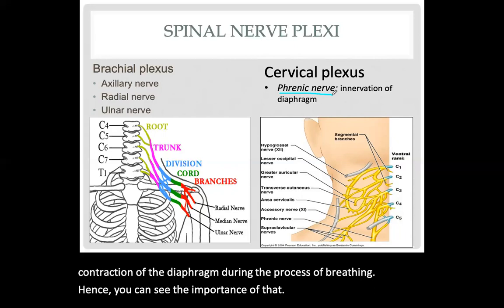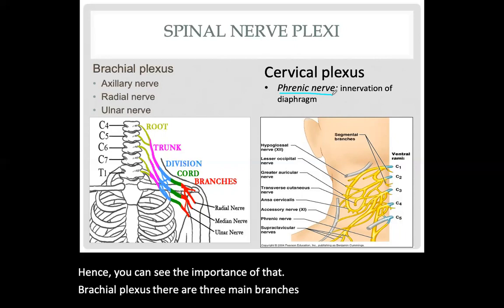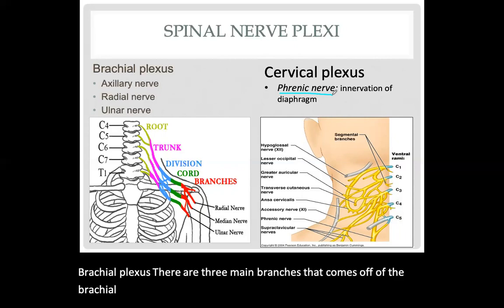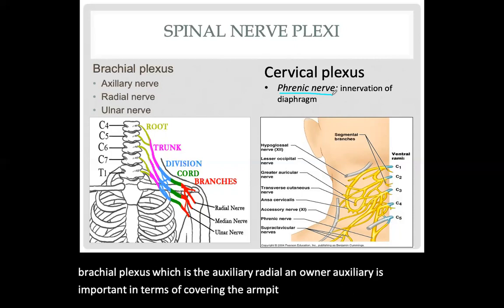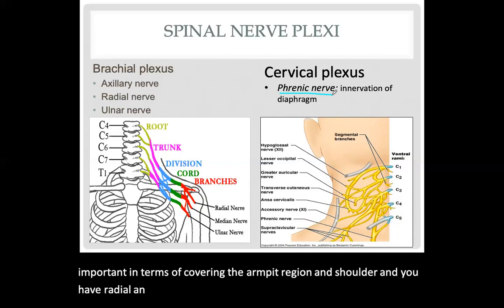Brachial plexus. There are three main branches that come off of the brachial plexus, which are the axillary, radial, and ulnar. Axillary is important in terms of covering the armpit region and shoulder. And you have radial and ulnar, as the name implies, either running on the side of the radius or the ulna.